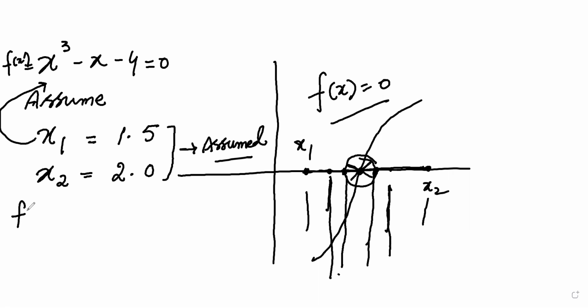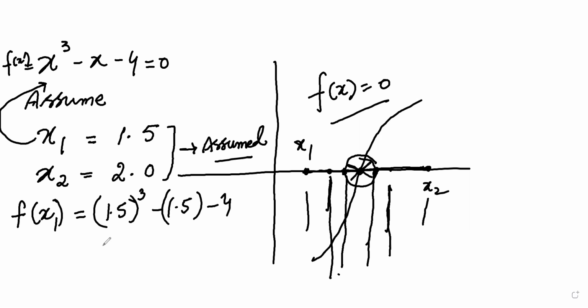So f of x1 will be equal to 1.5 cube minus 1.5 minus 4, and if we solve it, at x equal to 1.5 the value of the function is minus 2.125. Now find at x equal to x2, the value of our function f of 2.